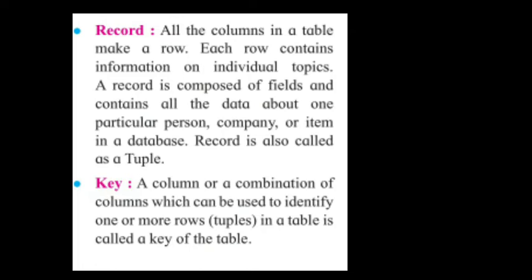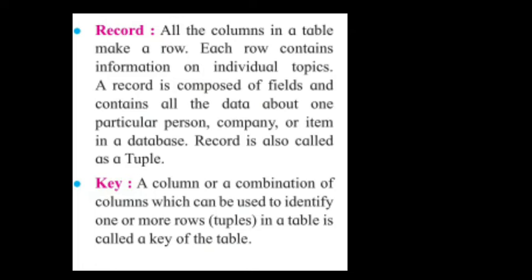Whatever information we have, we store in the form of records. If we club all the records together, it makes a complete table. And if we make a number of tables which are interrelated with each other, it forms a complete database.